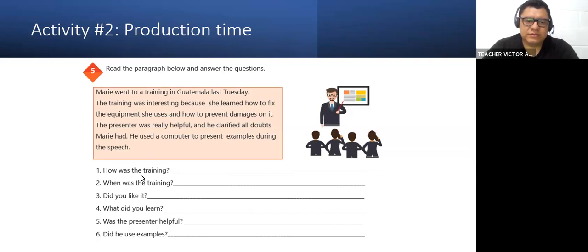All right, there we go. Now I'm closing the breakout rooms, and then we have exactly a minute to complete this activity. Here we go.